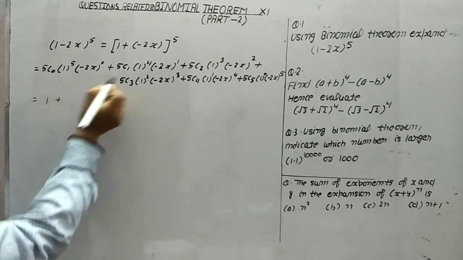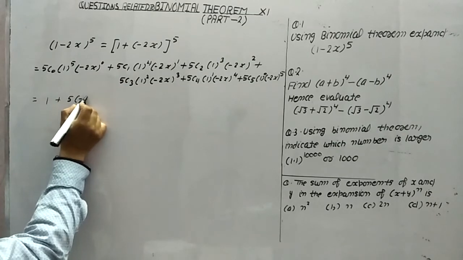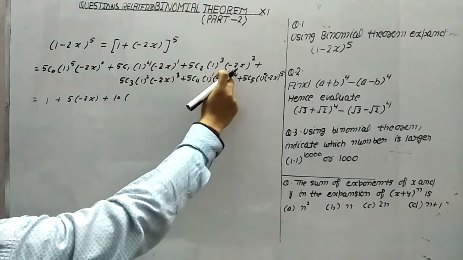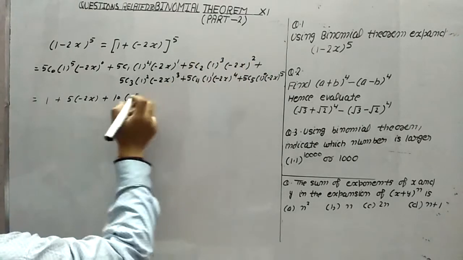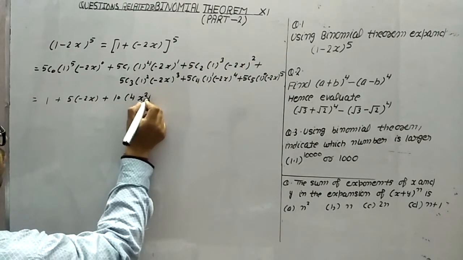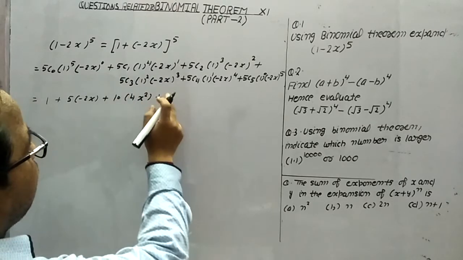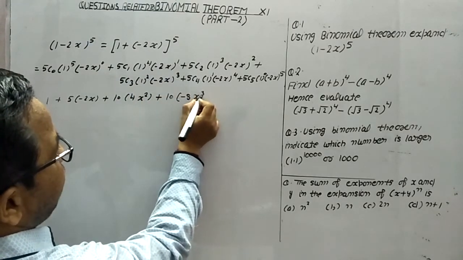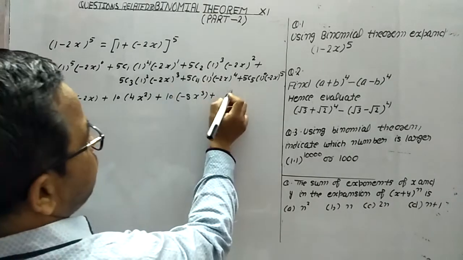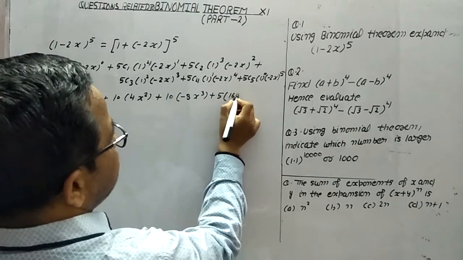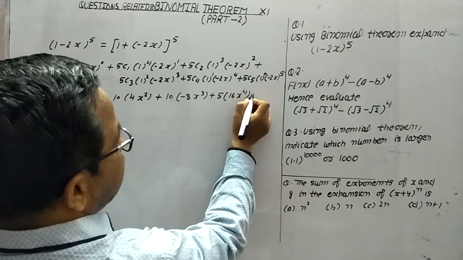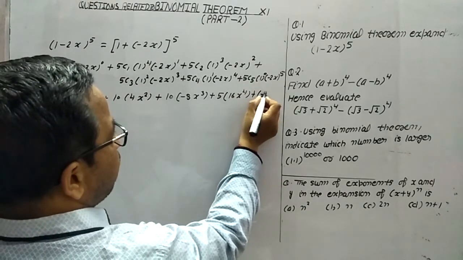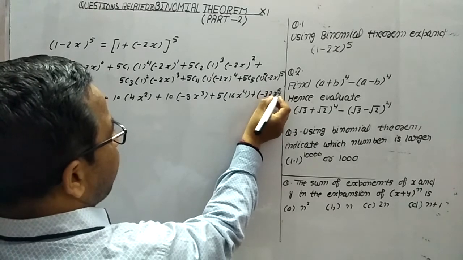This is 1 only. This is 5 into minus 2x, but this becomes plus 10 into minus 2 whole square, positive. It means this becomes 4x square. Plus 5C3 means 10 only, but this becomes minus 8x cube, and plus 5, but this becomes 16x raised to power 4, and plus 1 only, so this becomes minus 32x raised to power 5.